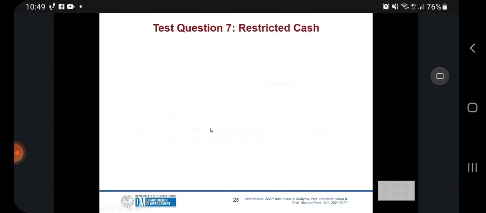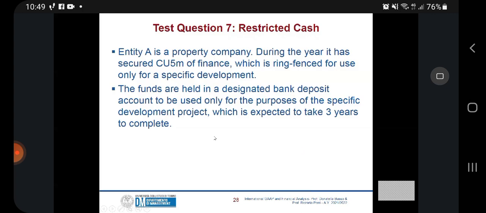Restricted cash, I think we also have the solution for that. There is the example of entity A, a property company. During the year, it has secured 5 million cash units of finance. This is ring-fenced for use only for a specific development. That means that this loan, if not used for this specific project, should be returned to the entity that was delivering it in the first place.